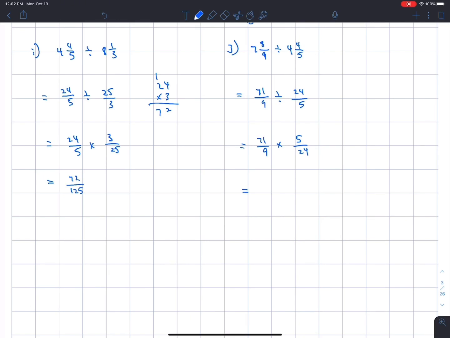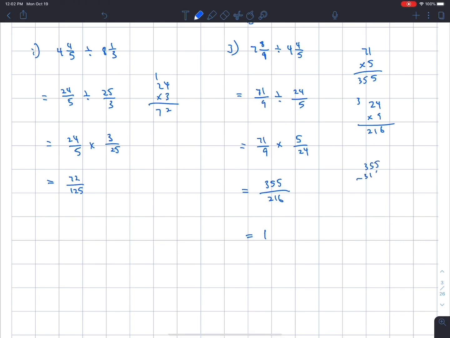Nothing to simplify here again. 71 times 5, 5 times 1 is 5, 5 times 7 is 35. And then 24 times 9, 9 times 4 is 36. 9 times 2 is 18, plus 3 is 21. And 216 goes into 355 one time.